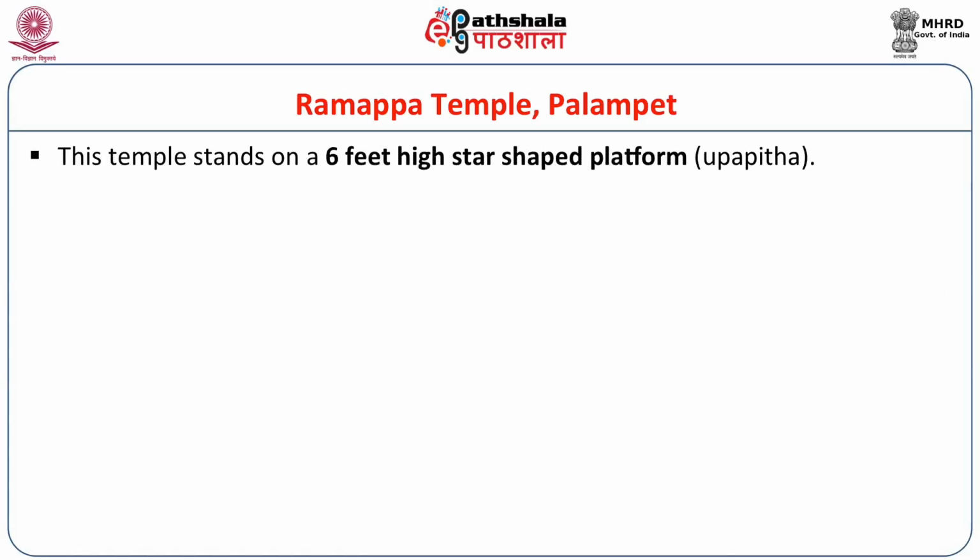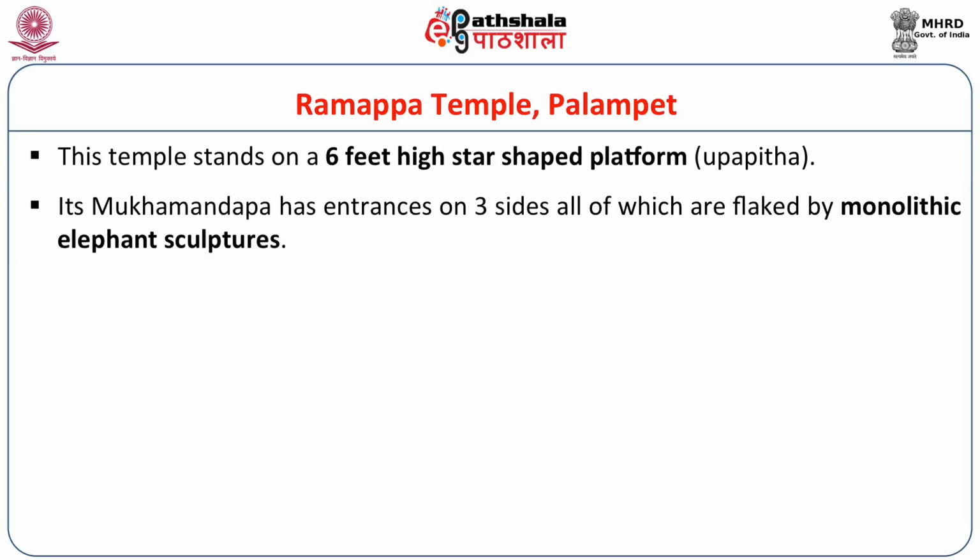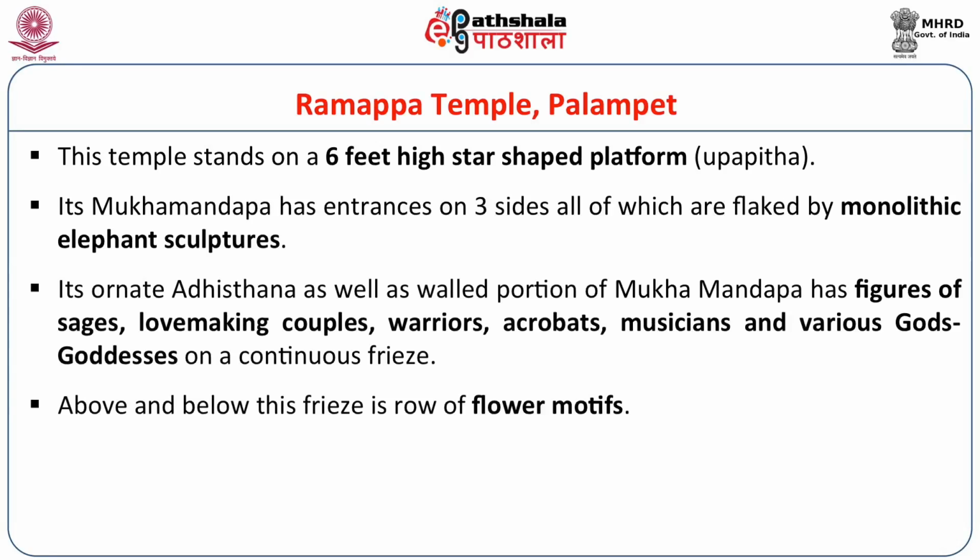The temple stands on a 6 feet high star-shaped platform, the Upapitha. Its Mukha Mandap has entrances on 3 sides, all of which are flanked by monolithic elephant sculptures. Its ornate Adhisthana, as well as the walled portion of the Mukha Mandap, has figures of sages, the Mithuna or love-making couples, warriors, acrobats, musicians, and various gods and goddesses on a continuous frieze.